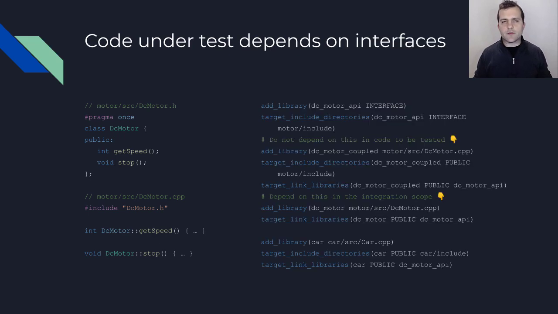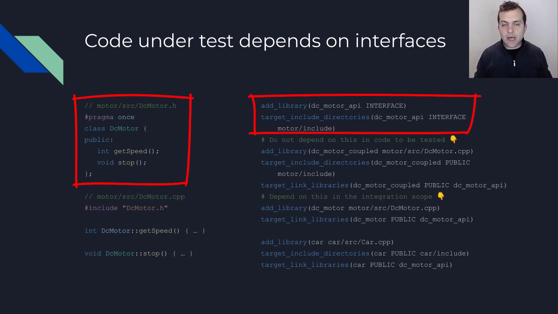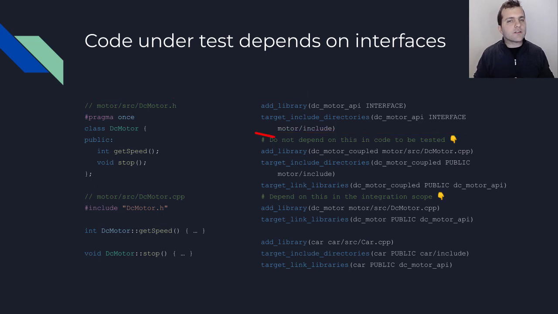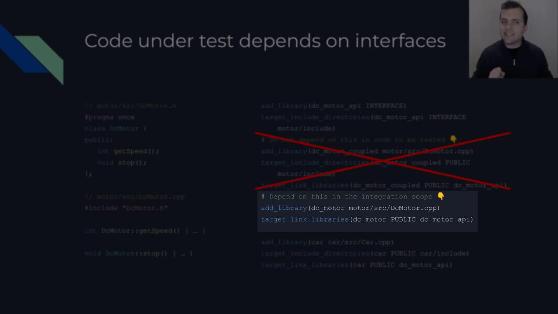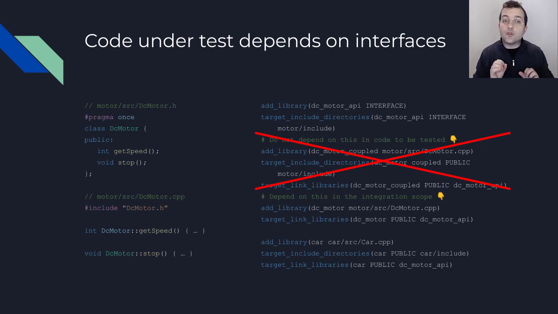In the CMake configuration, the target DC Motor API contains only the declaration of the dependency, just the header file. The target that contains the actual implementation as well is DC Motor, and we should depend on this only for targets that we do not want to unit test. car.cpp contains the code we want to test.